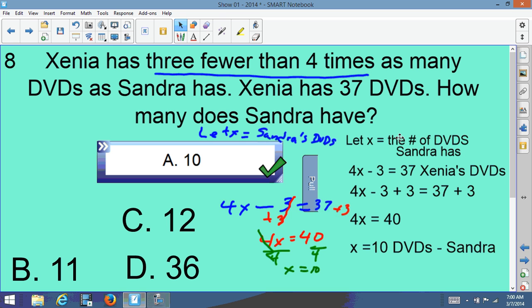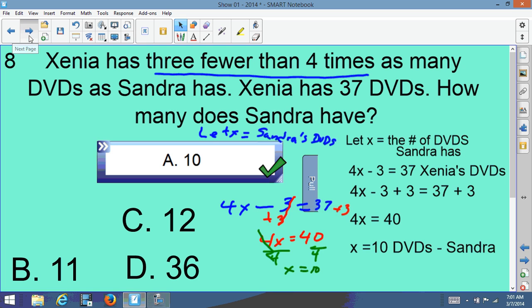And we did some transposing there. So we had a minus 3, so we do the opposite. Plus 3 on both sides. 3's cancel out, giving us 4x on this side. 37 plus 3 is 40. Divide by 4 both sides. X equals 10, which is the amount of DVDs that Sandra has.